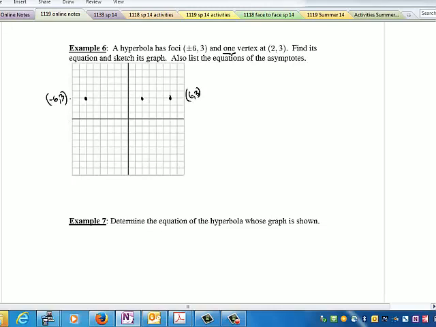So if we're going to look for the equation and sketch the graph, we need to know A and B and C. And we need to know where the center is. And the center has to be halfway between the foci. So the midpoint between 6, 3 and negative 6, 3 would be 0, 3.